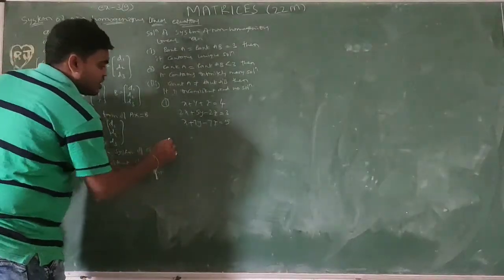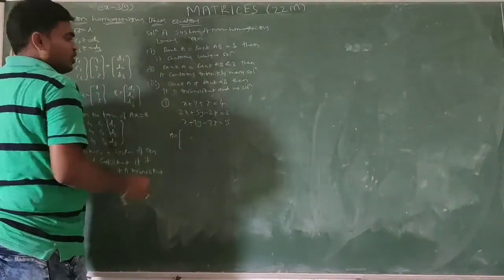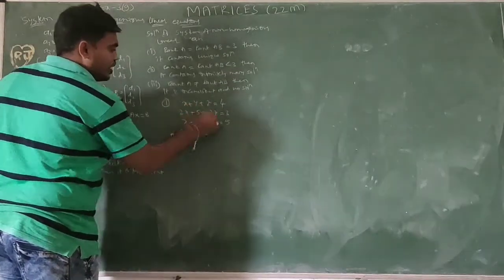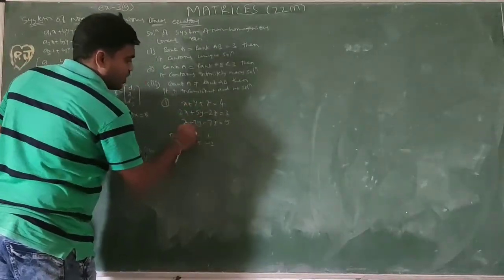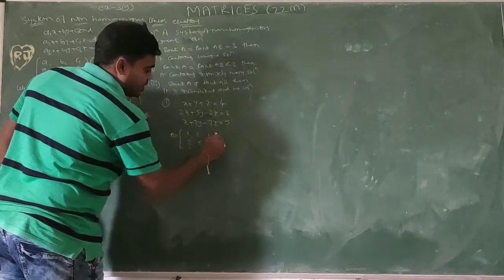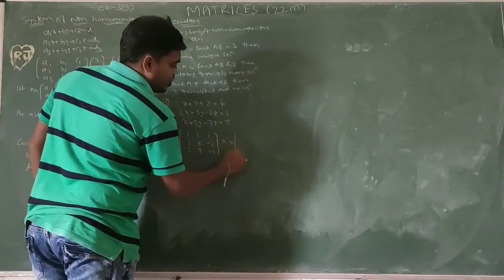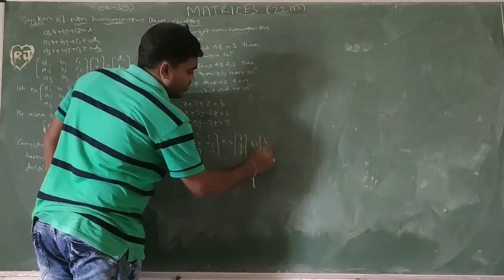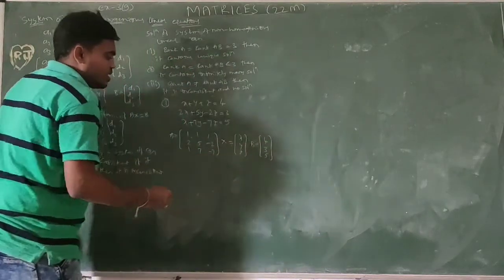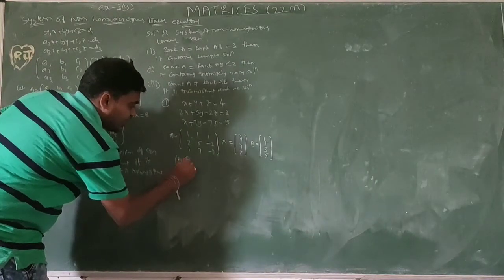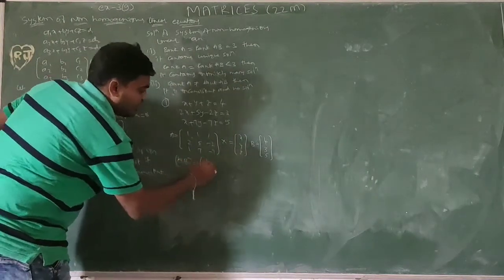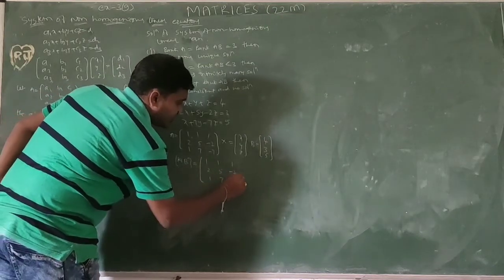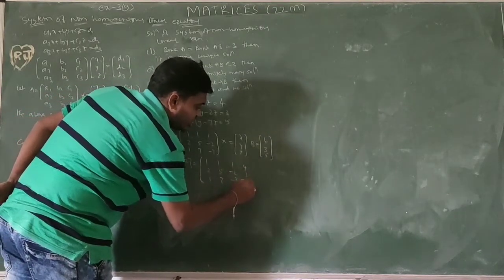So first, A equal to the coefficients 1, 1, 1, 2, 5, minus 2, 1, 7, minus 7. X equal to x, y, z. B equal to 4, 3, 5. Then AB, rank of AB: 1, 1, 1, 2, 5, minus 2, 1, 7, minus 7, 4, 3, 5.